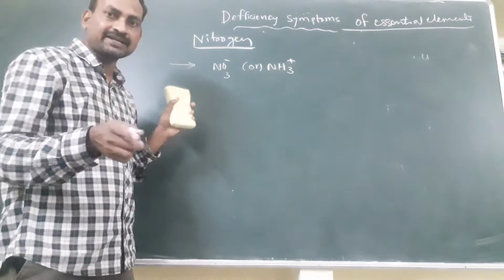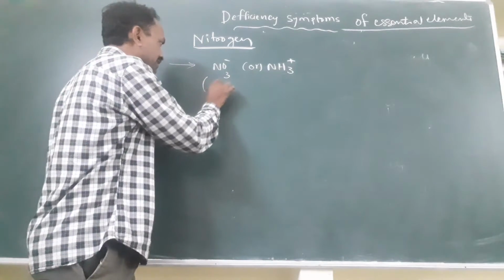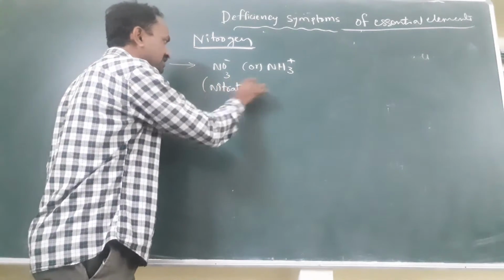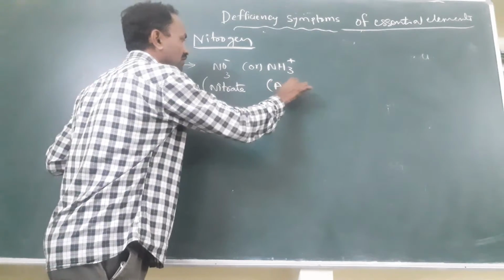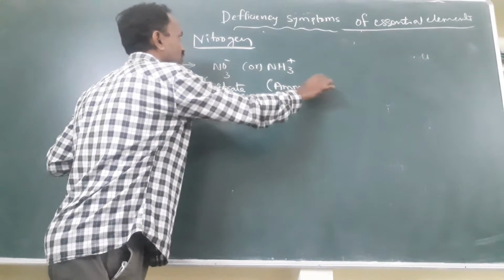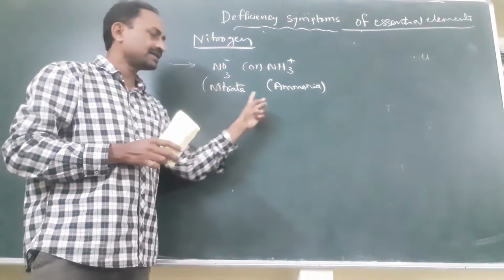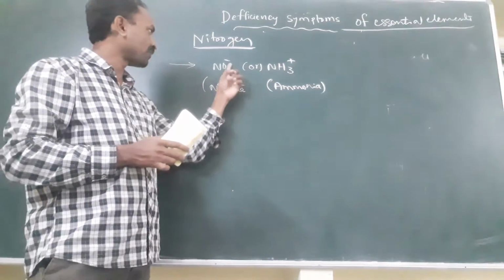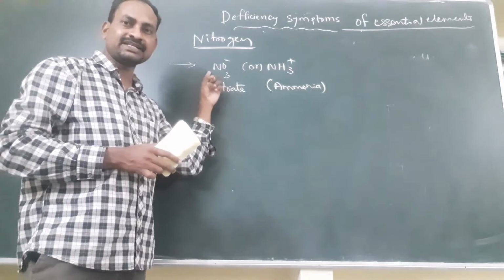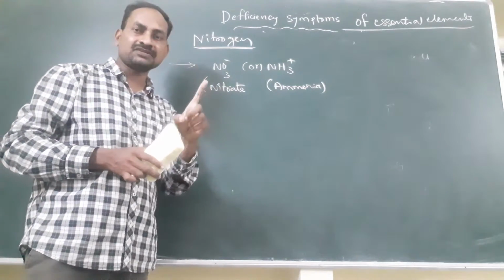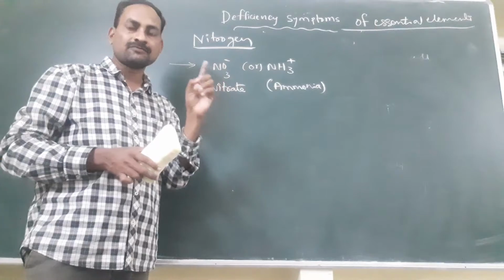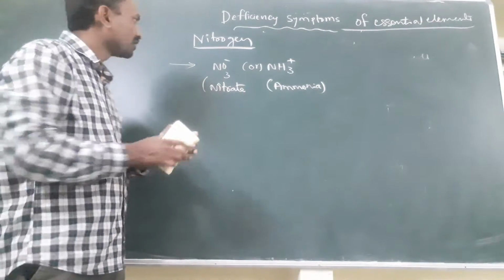It is nitrate, not nitrite, and ammonium. So nitrogen is absorbed by the roots of the plant either as a positive ion or a negative ion. This is the one element which is absorbed in both forms.